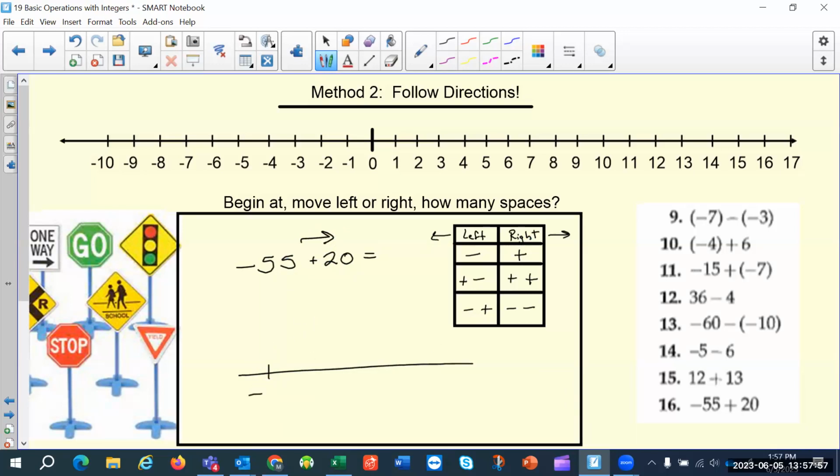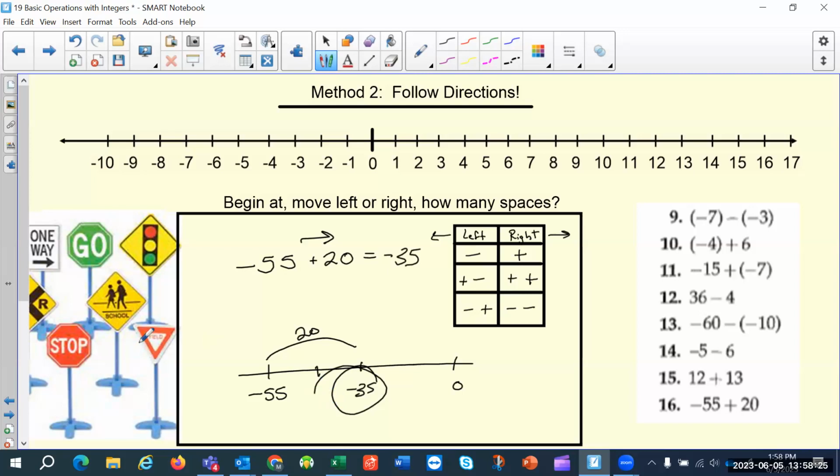It does not hurt to do this. 0. 20 spots. Think about it. What's 20 spots to the right of negative 55? Well, 10 would be negative 45. 20 would be negative 35. So it's negative 35. It is going to be the difference. It's still going to be a negative number.